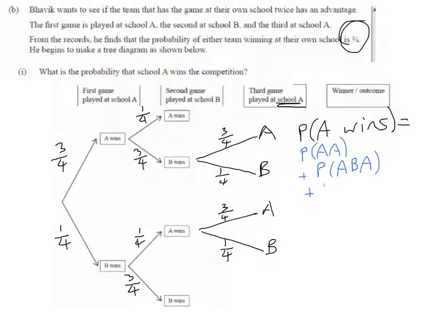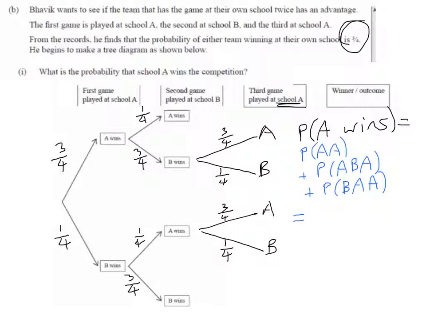So we're asked to figure out the probability that school A wins the competition. So the probability that A wins comes from the following three things. P(AA), plus the probability that A wins first and third, and the probability that A wins second and third.